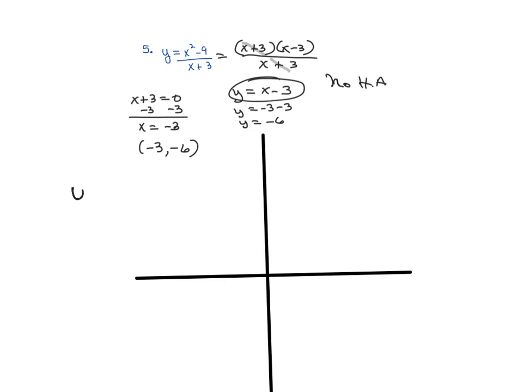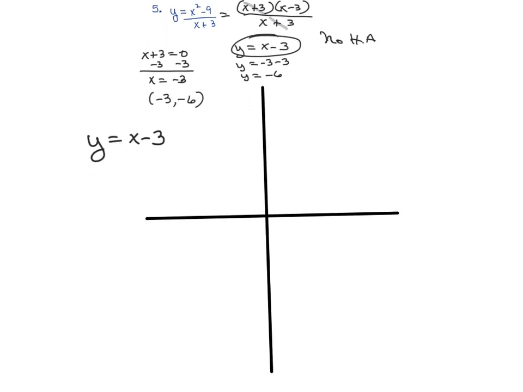So I'm going to go ahead and graph y equals x minus 3. I'm going to start at my y-intercept, which is -3. Put my first point there. My slope is 1, so I'm going to rise 1 and run 1 from this y-intercept. So up 1 and over 1. You could keep repeating the pattern if you wish.